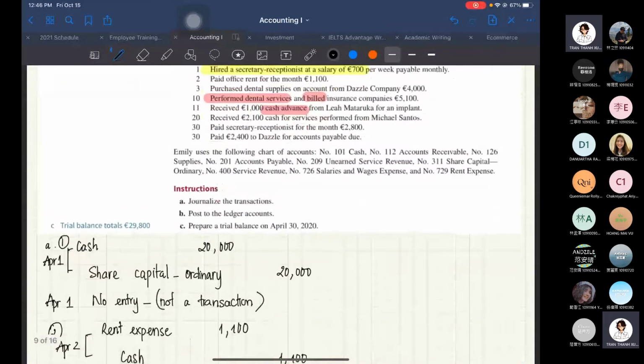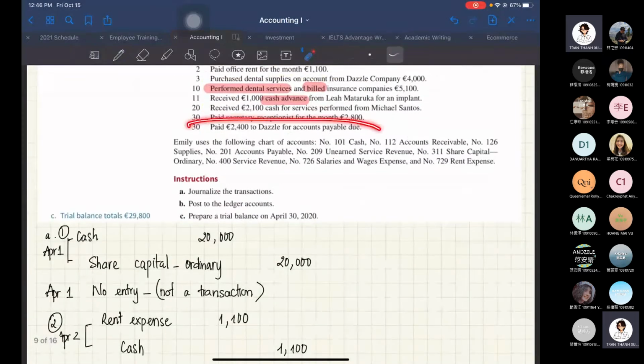Okay, we only have one last date, and this one has two transactions. You see, in one day they have two different transactions.